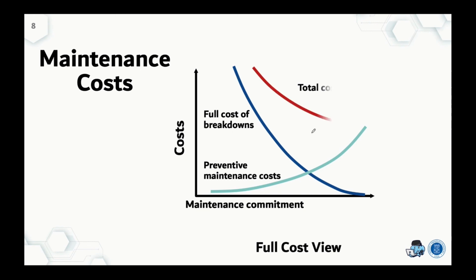So when we sum this up into total cost, we need more commitment in maintenance, a much higher commitment is needed to keep the high reliability of the system through maintenance.